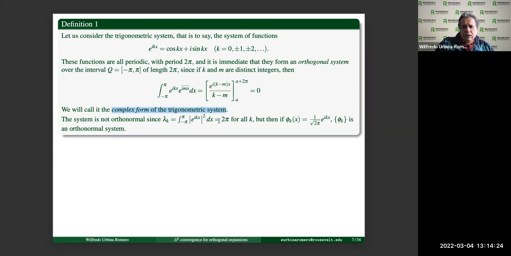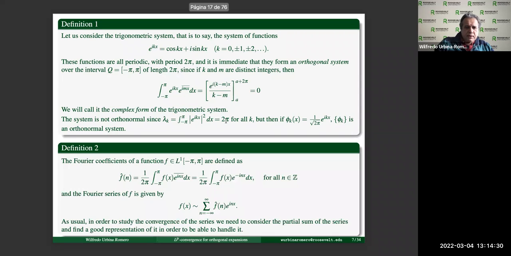It's not orthonormal, so you need to normalize by 2 pi, but that's not really an issue. And then, yes, if you take a function in L1, you can define the Fourier coefficient with respect to this system. And we have the association of f with the Fourier series.